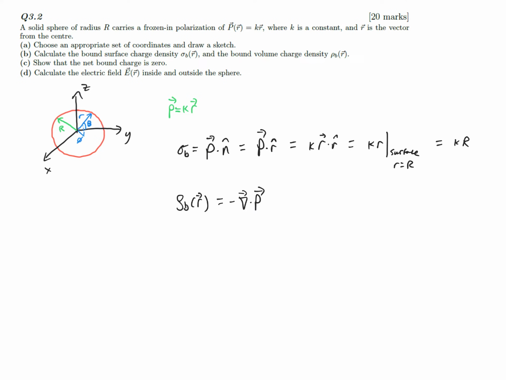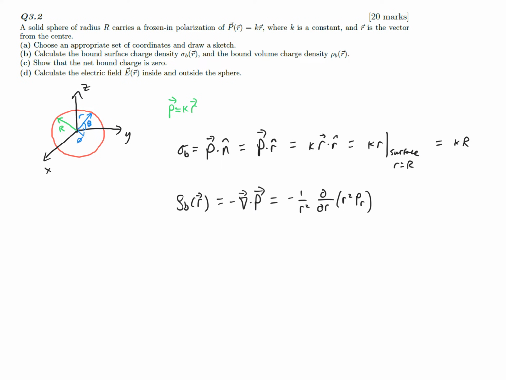We turn to the formula sheet, and we copied it out. It's minus 1 upon r squared d by dr of r squared times the polarization in the radial direction. When you're calculating the divergence, there are other terms, of course, for the angular components, but we don't have an angular component to the polarization, it's just radial, and so we leave it at that.